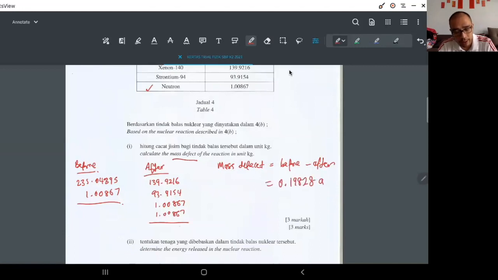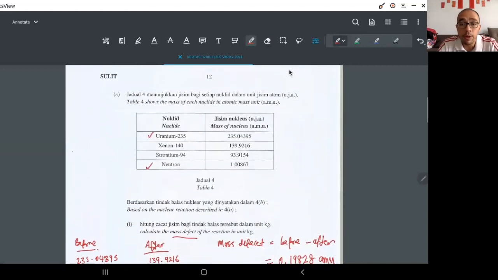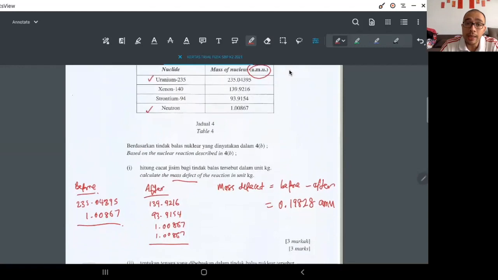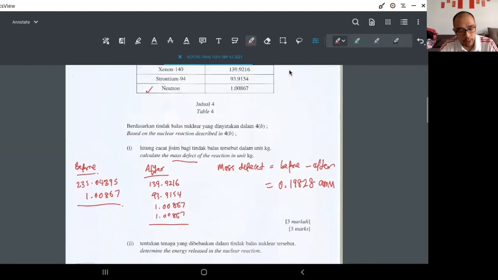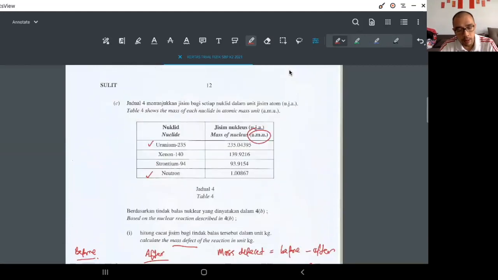The unit is amu. But the question is asking you to change to kg. So how to change from amu to kg? It is to multiply by 1.66 times 10 to the negative 27.